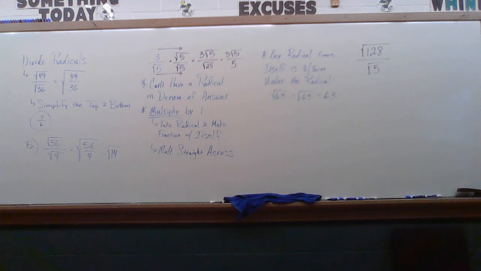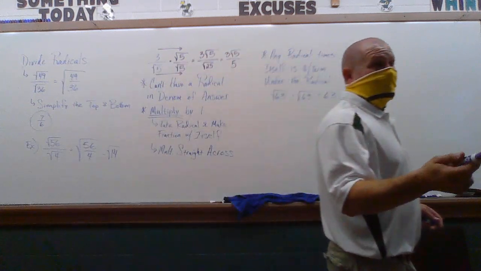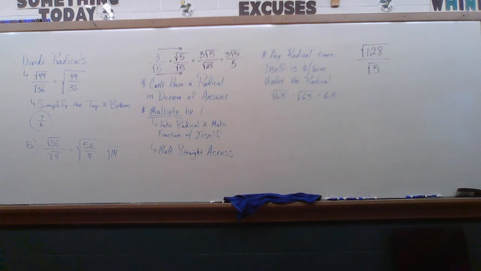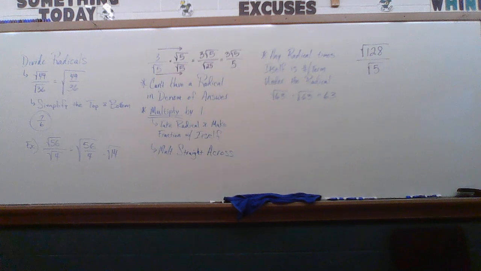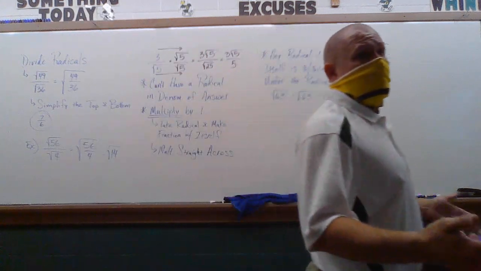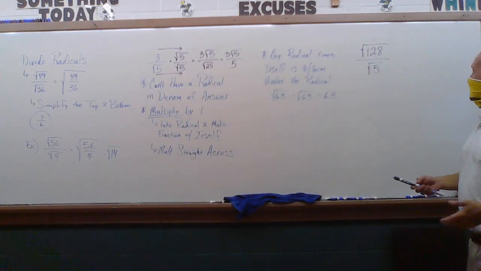Now here's a couple different things with this one right here. Can I take 128 divided by 5? No, right? 128 won't be divisible by 5. Could I break 128 down with a perfect square? I don't know, right? So now I'd probably get my calculator out.